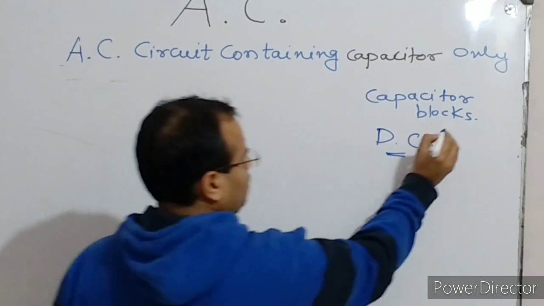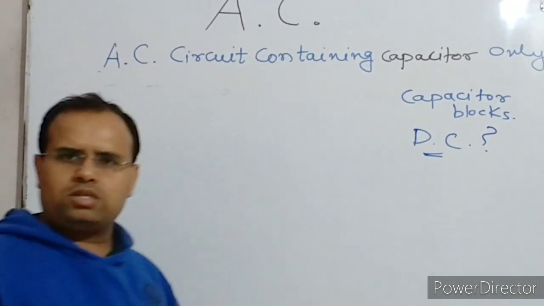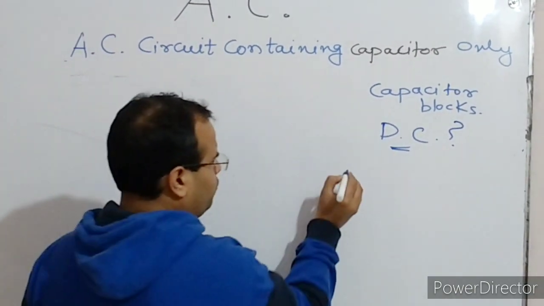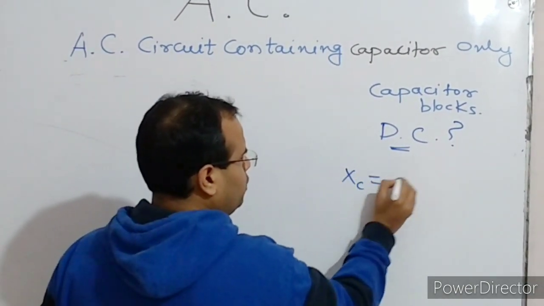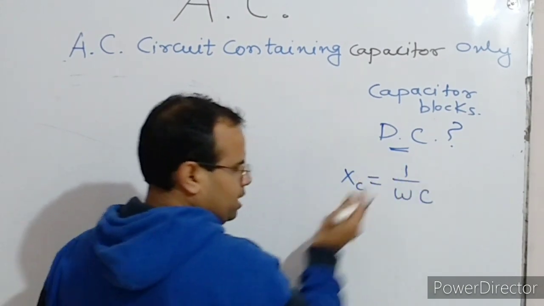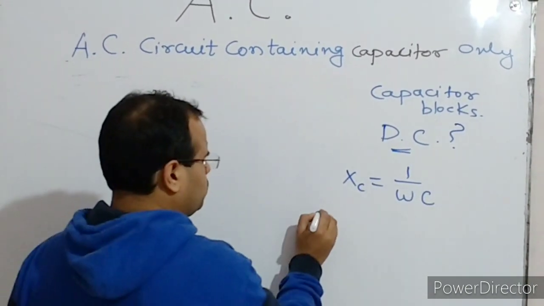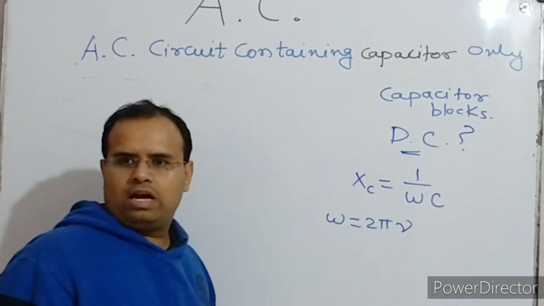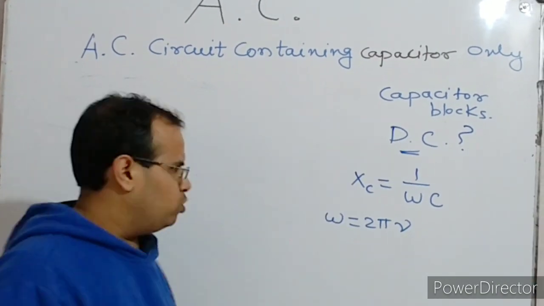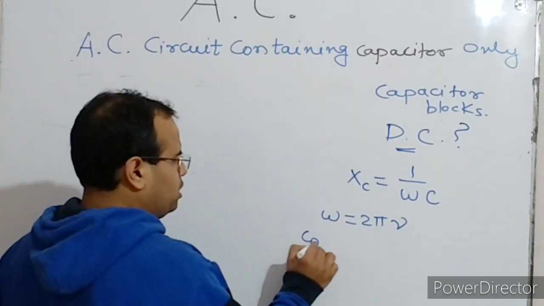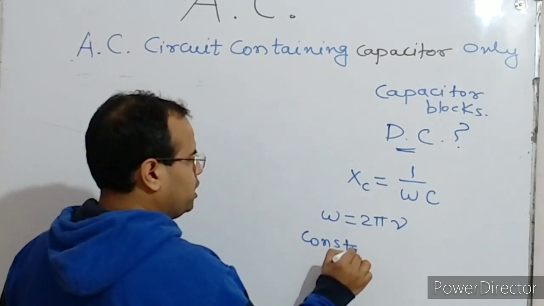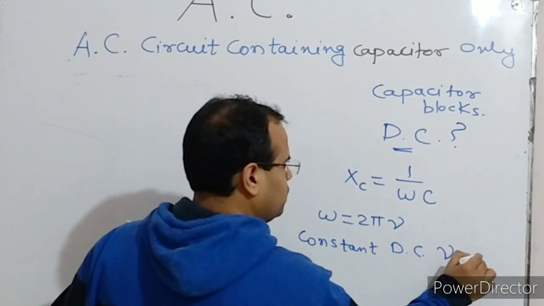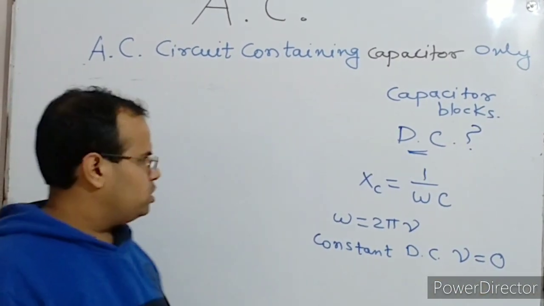Suppose that a constant DC is flowing through a circuit. So when the capacitor is fully charged, we know that Xc is equal to 1 upon omega c, which we just derived, and we also know that omega is equal to 2 pi nu. Now for a constant DC, nu is actually 0.